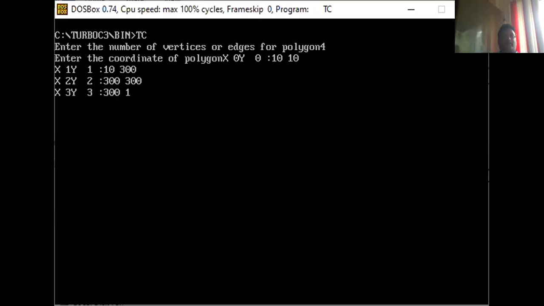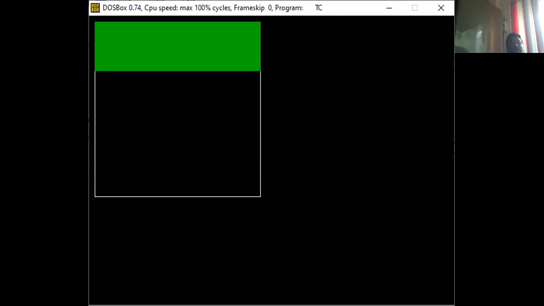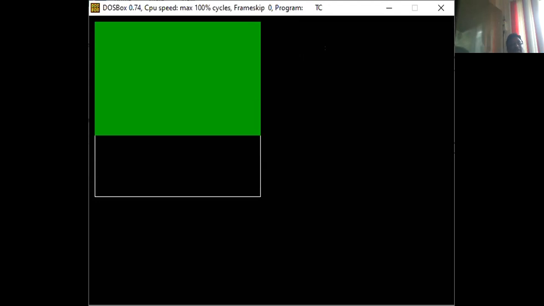Okay. Is it visible to all? This one is the polygon that I have drawn. I have considered here a large polygon because we have to go for the large polygon size, and that's going to fill the entire inside area of the polygon. Is it visible to all?